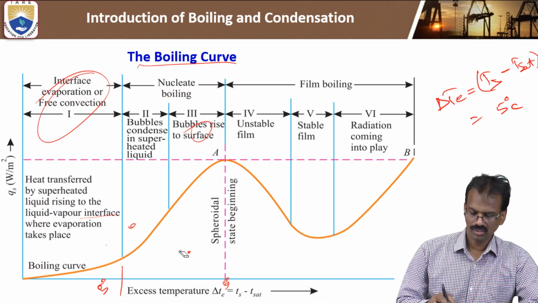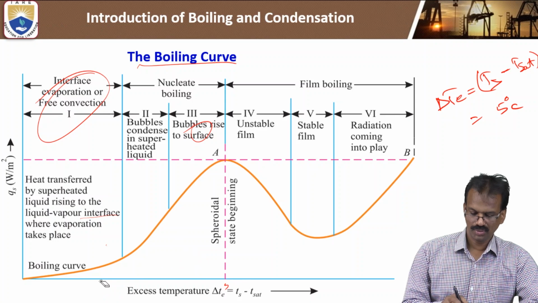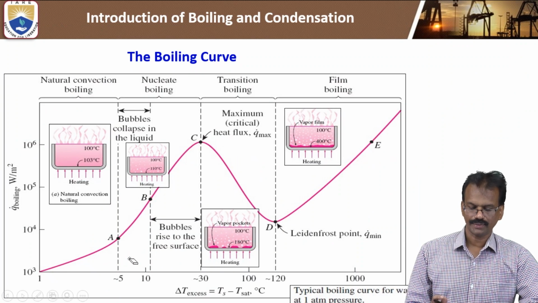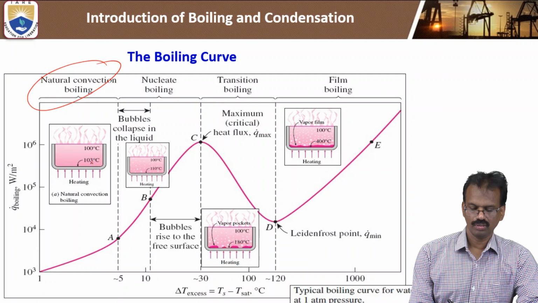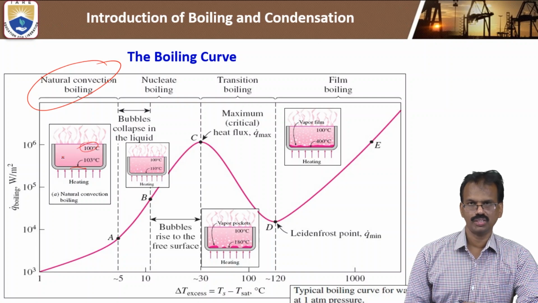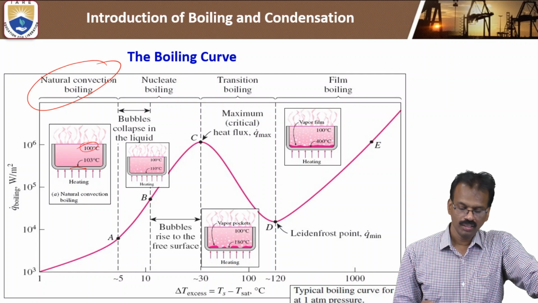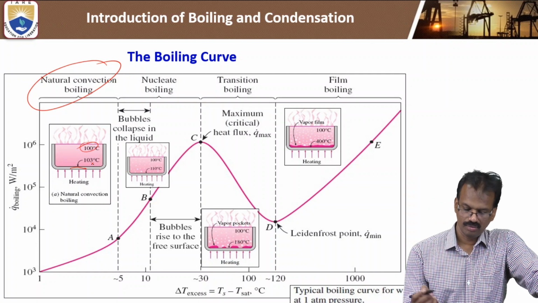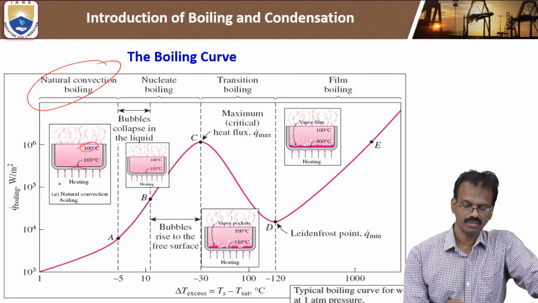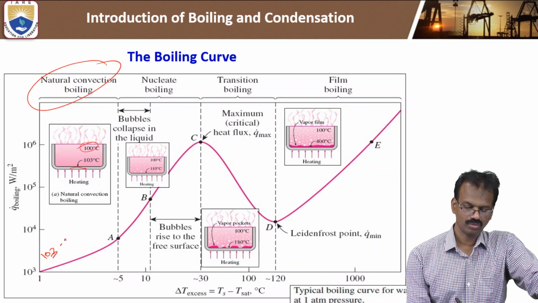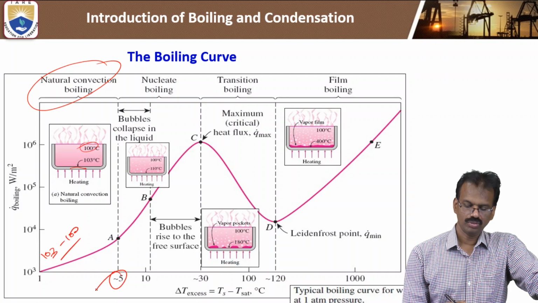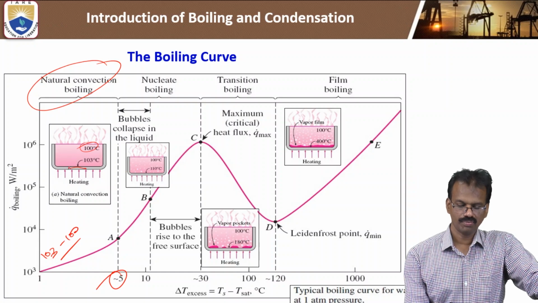Here you can observe the same diagram, like this one, in natural convection boiling. This is the surface temperature, and this is the saturation temperature of the water. If the difference is small, say 3 degrees Celsius, like 103 minus 100, which is less than 5, then heat transfer takes place from the solid surface to the liquid.